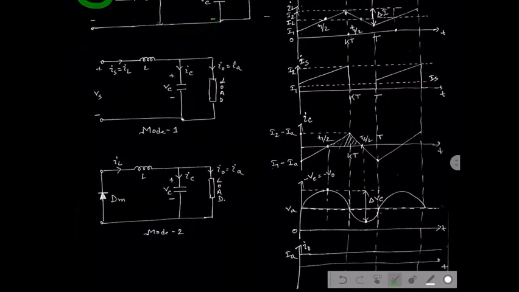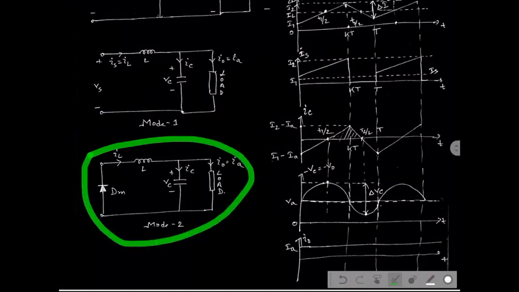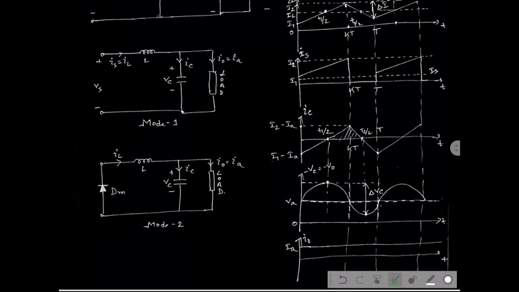That is why in mode 2 operation, when the switch is off, there is no connection with respect to supply. This circuit diagram is depicted for mode 2 operation, where the inductor starts discharging through the freewheeling diode DM.